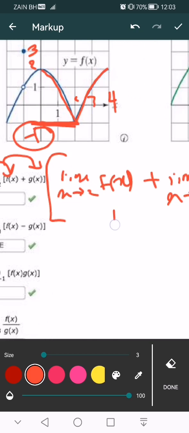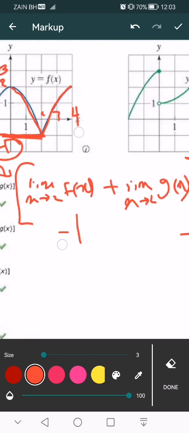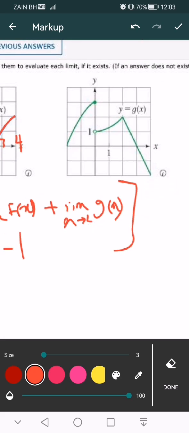Now I can't put minus 1 otherwise. If the approaches are different, I cannot put the minus 1. This one does not exist if they are not equal. Again, from the second one, I have 2 here.